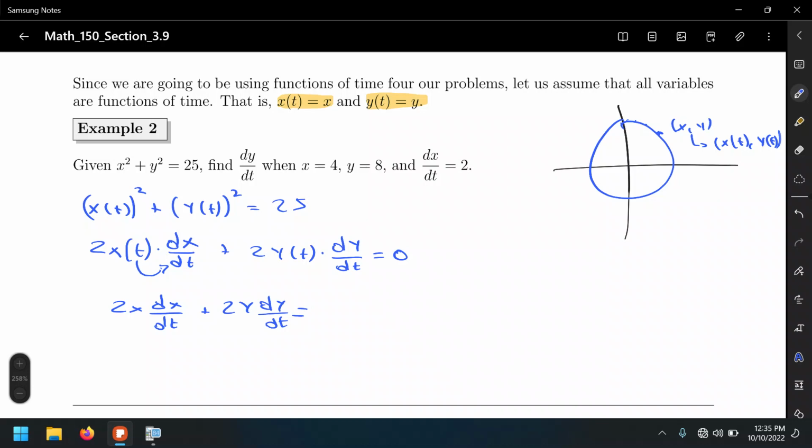So you might see similarities between this and implicit differentiation. But what's the difference? The main difference is that when we differentiated implicitly, we just said the derivative of x squared is 2x because we were differentiating with respect to x, plus 2y dy dx.